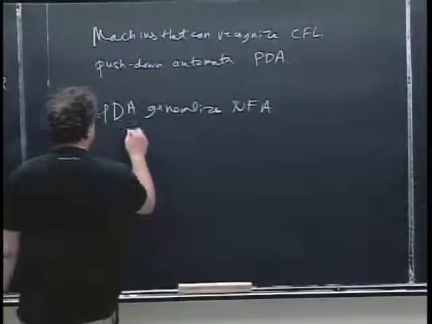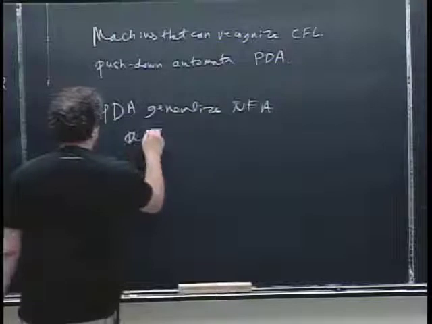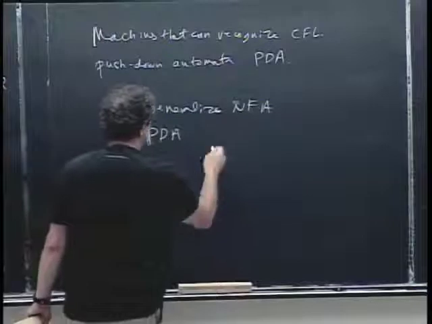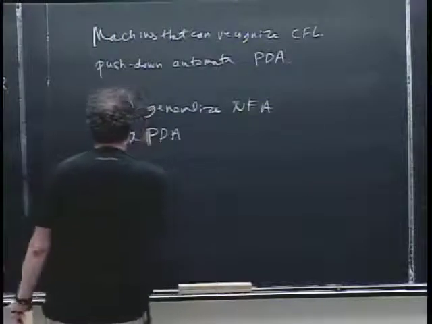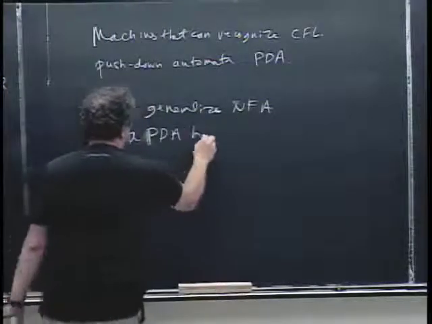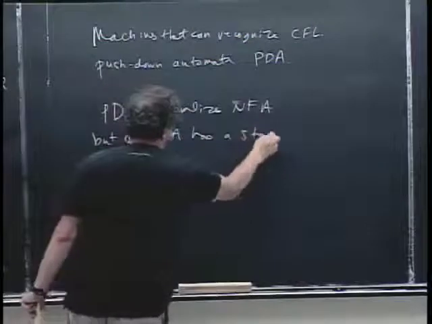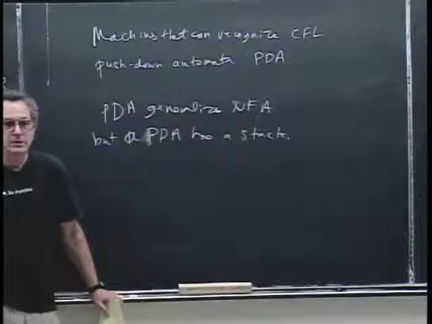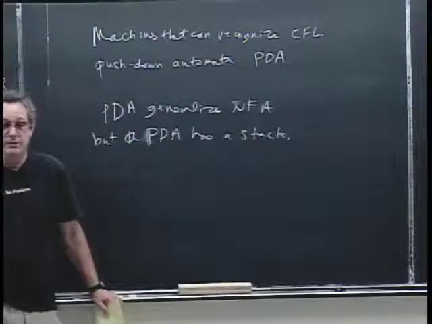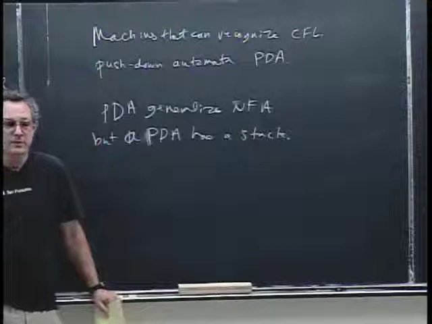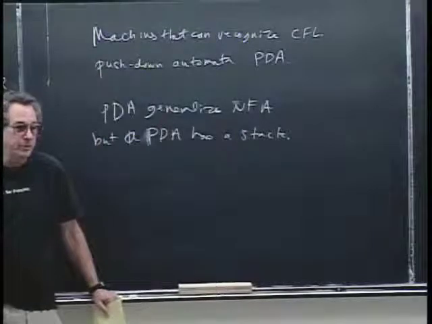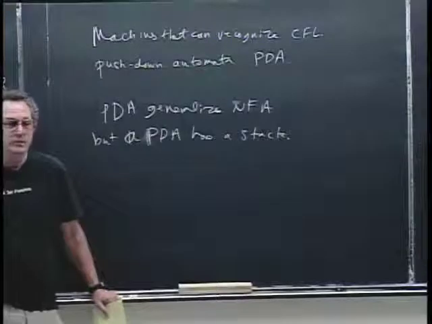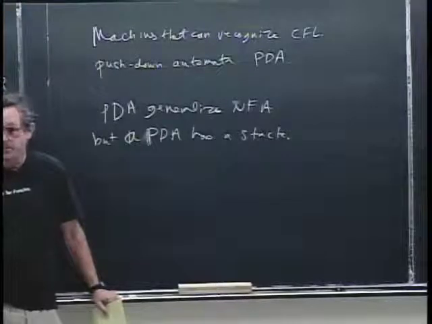A PDA generalizes an NFA, so it's pretty much like an NFA, but a PDA has a stack. It can write onto a memory device. A memory device is a stack. It can only push. Whenever it writes, it puts something on top of the stack, and whenever it reads from the stack, it always reads from the top of the stack.